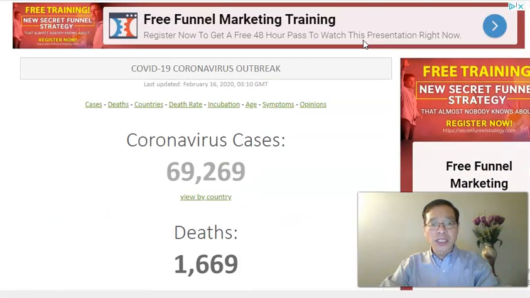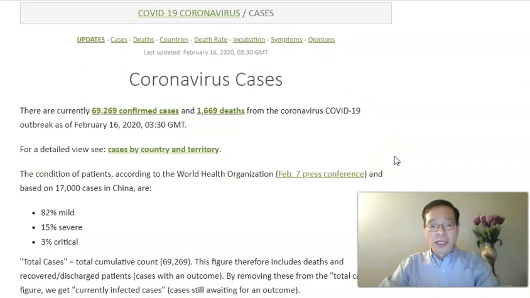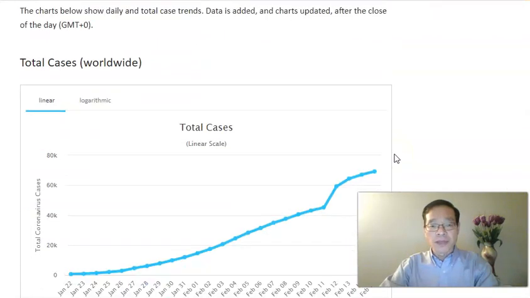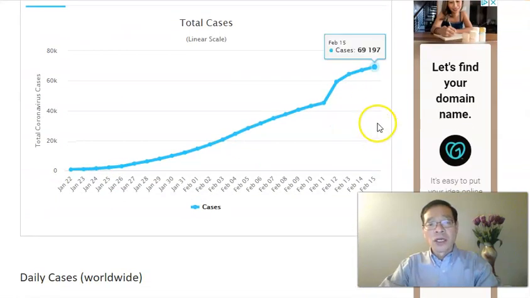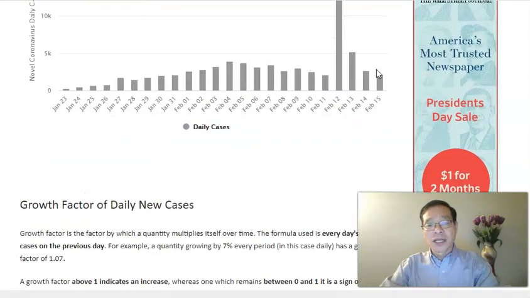Another very important criterion to look at is the new cases. That's very important, and the new cases trend actually looks like it has reached a plateau, and you can see that.